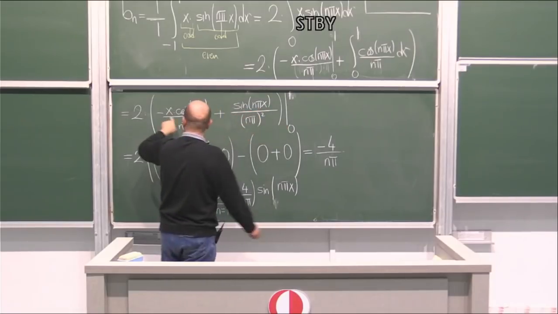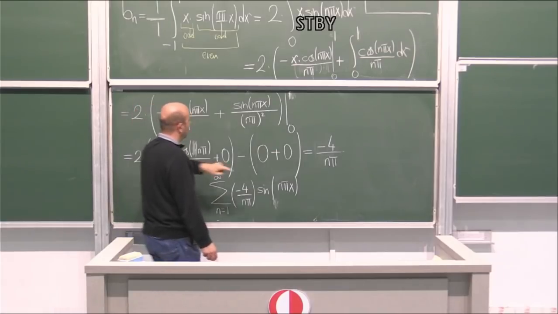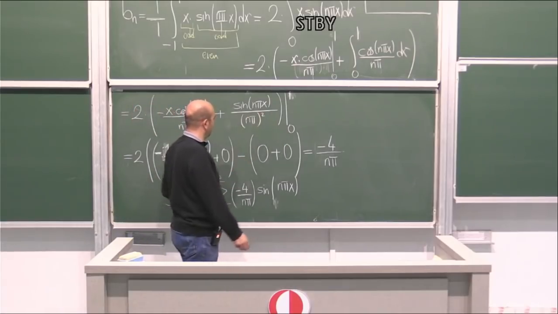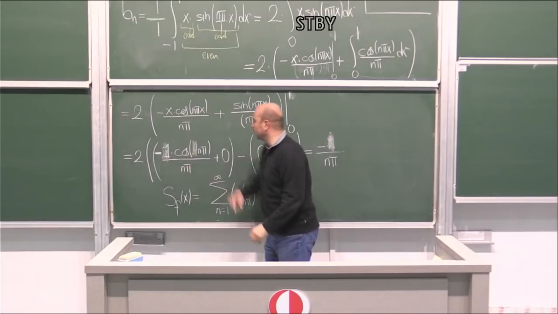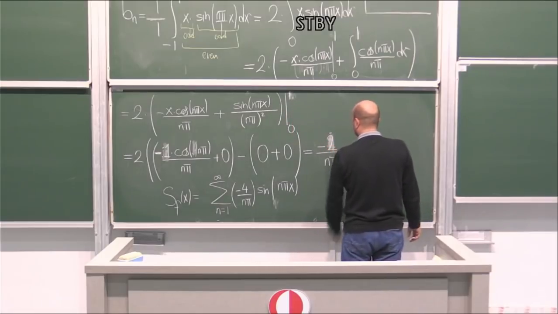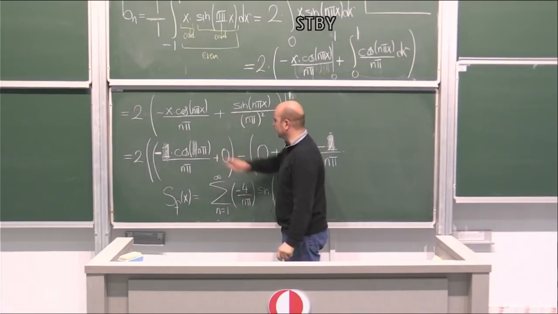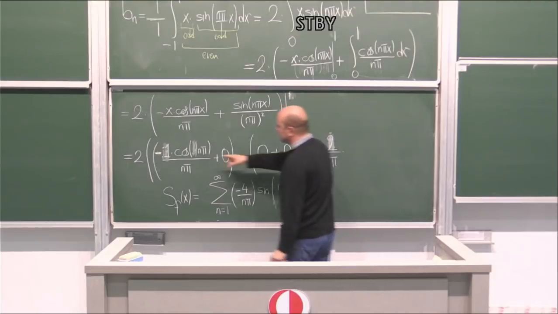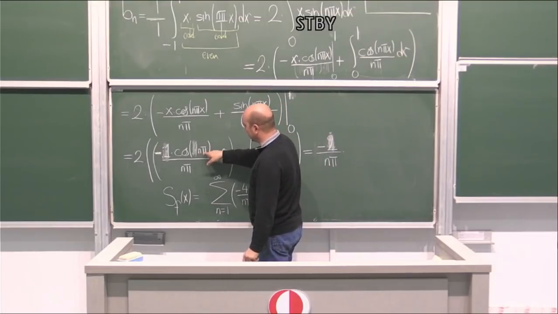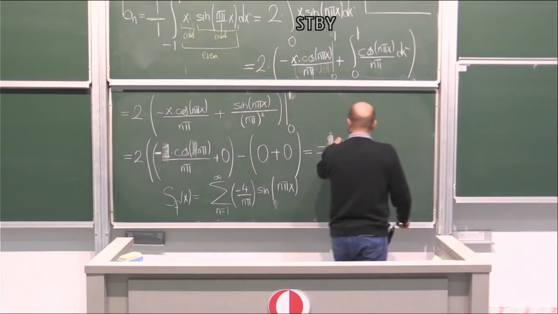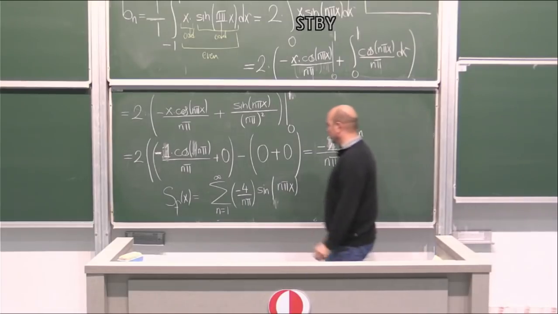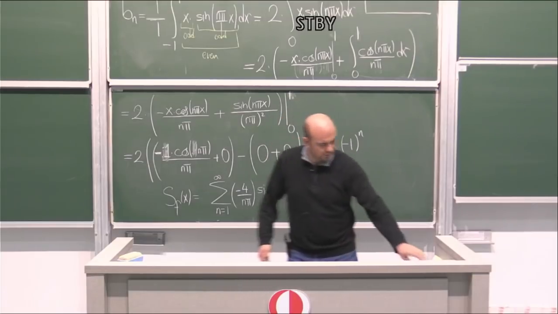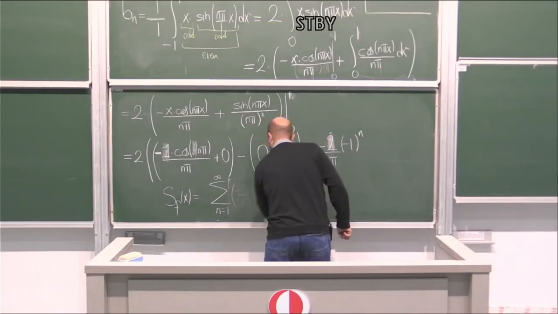Now you plug in 0, and we have 0 here and 0 here. So this is going to be minus 2 over n pi times cosine n pi. Cosine n pi at even multiples will be plus, and at odd multiples it will be minus, so we will have minus 1 to the n. Sorry for this stupid mistake.